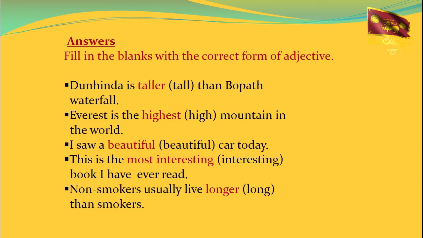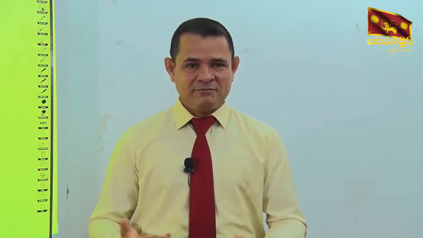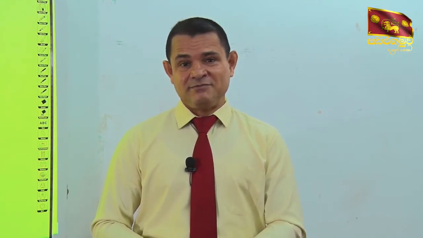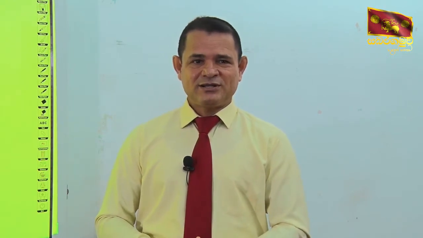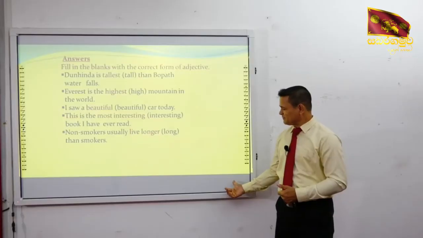And non-smokers usually live longer than smokers. There you are again talking of two, comparing two, then you have to use the comparative form. Hope that you got the answers correct. Shall we move on to the next one and see?